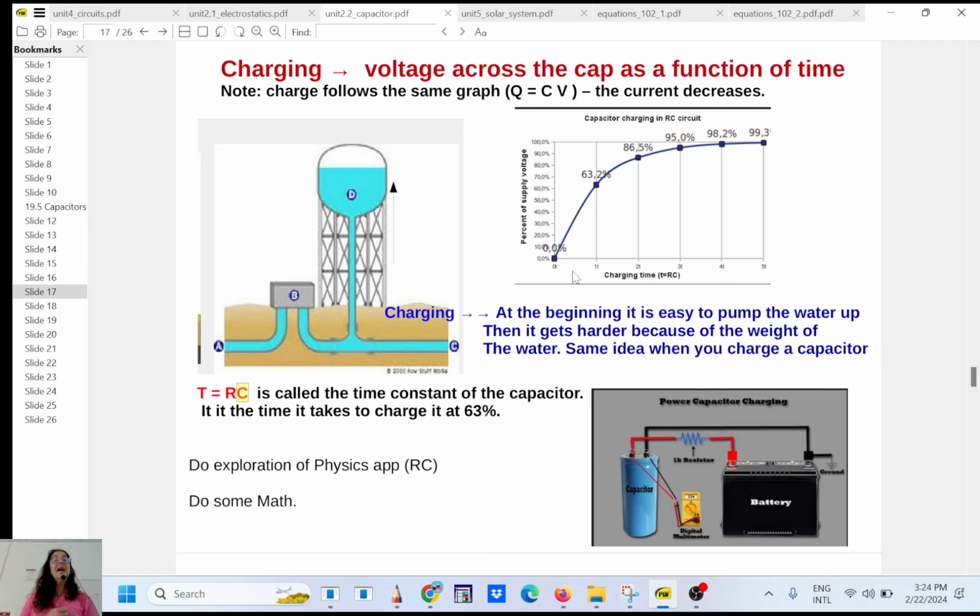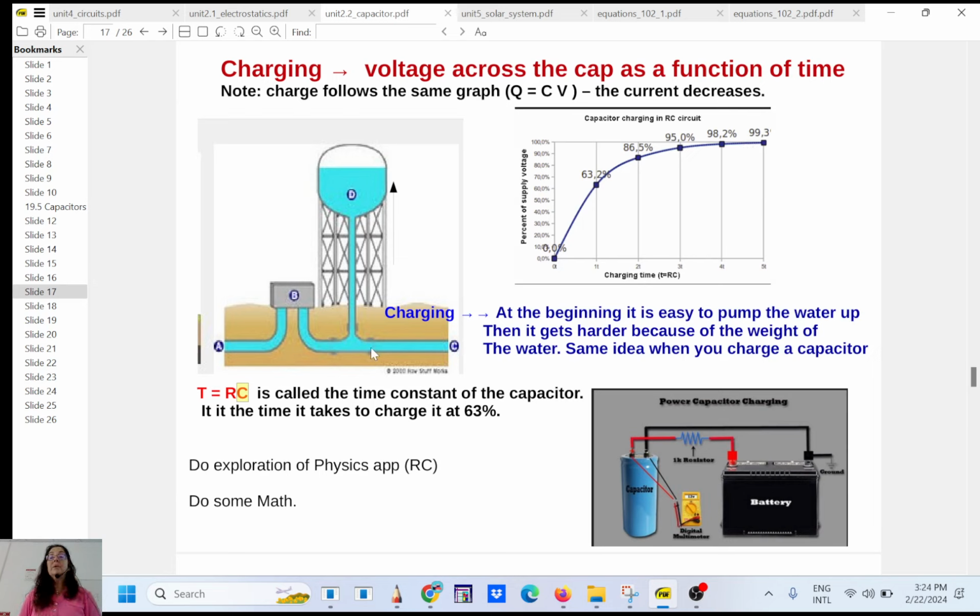So if you build the analogy with an electric circuit, how do we change the pipes? Like in a circuit, how do you decrease the amount of current flowing in a circuit? The resistance, very good.